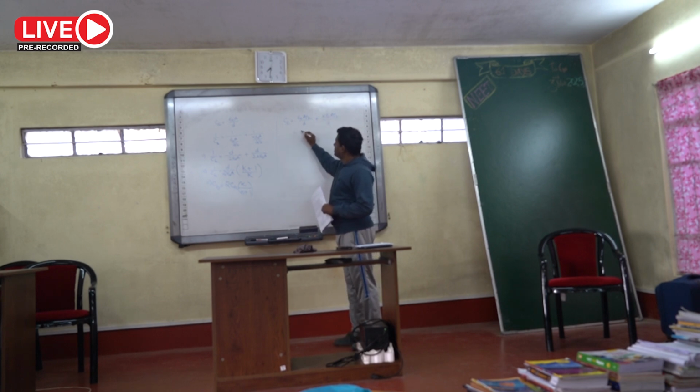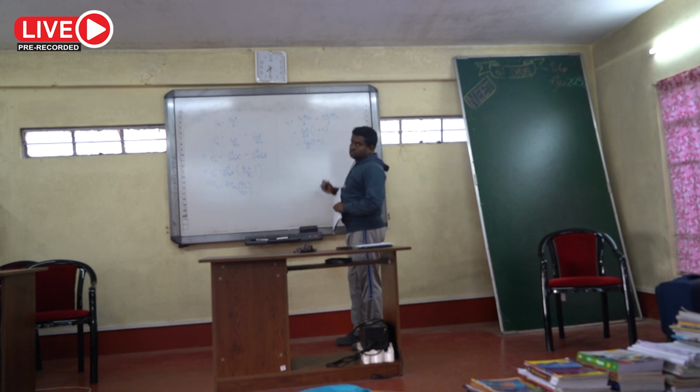So now we can take epsilon naught A by 2D common. It will be 1 plus K. Now the epsilon naught A by D means Ca, so Ca by 2 into K plus 1.